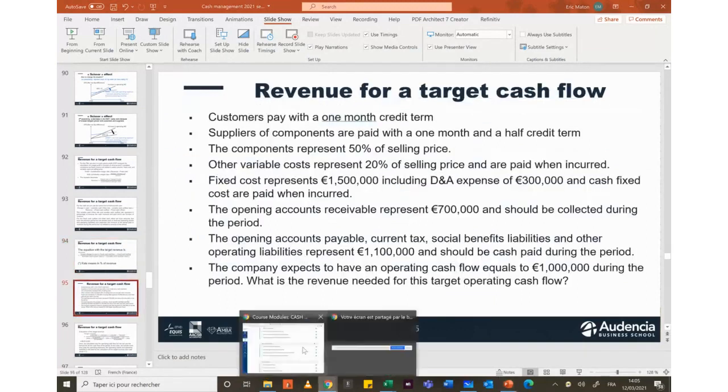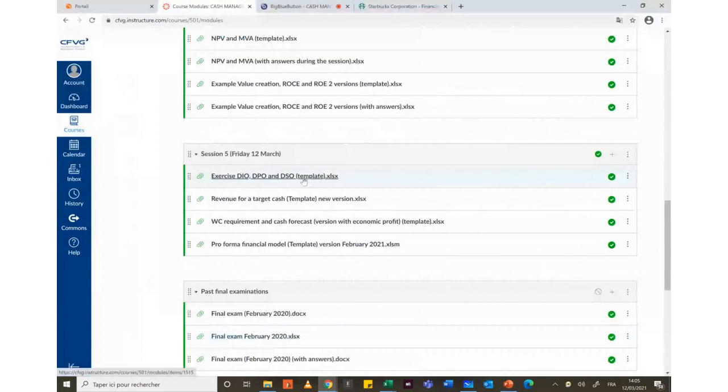So I go to the documents. So we are doing revenue for a target cash. So I download the Excel file.